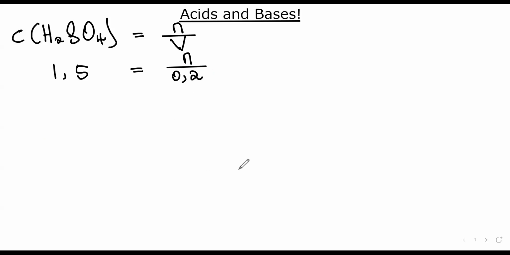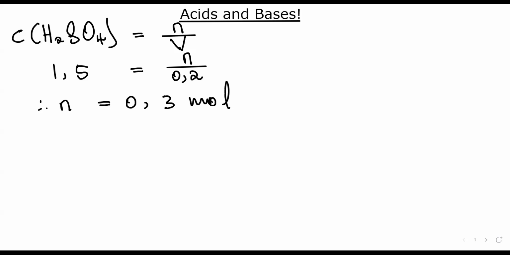So we divide by 1,000. So 200 divided by 1,000, that is 0.2. And now it's time for us to cross multiply. So when we cross multiply, we find that the number of moles of sulfuric acid will simply be 0.3 moles, like that.